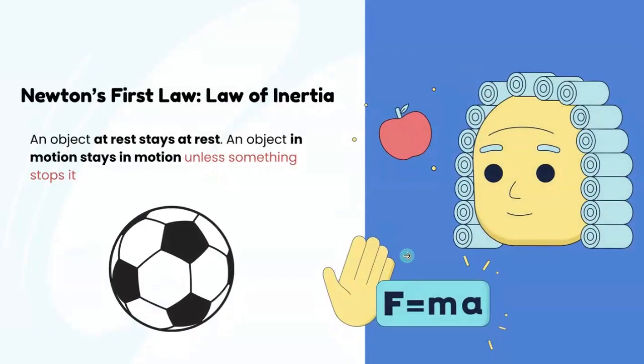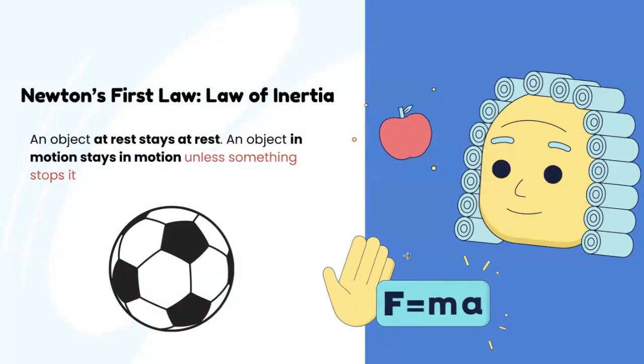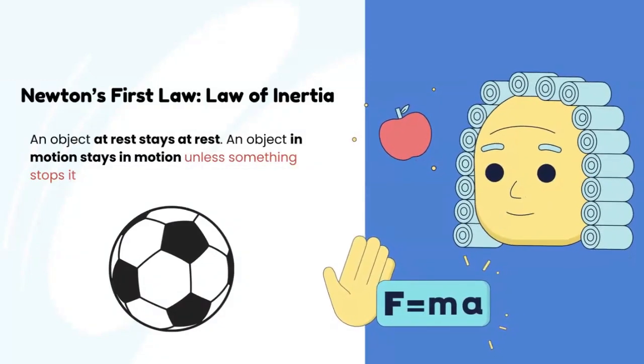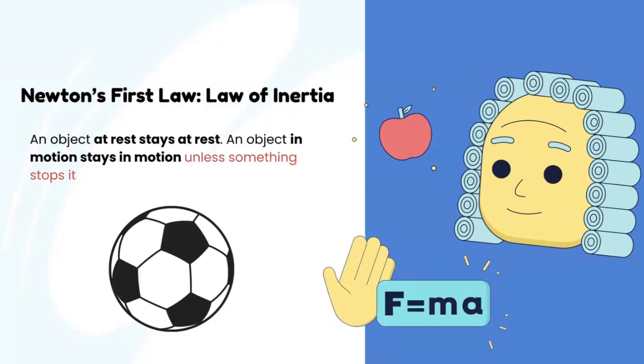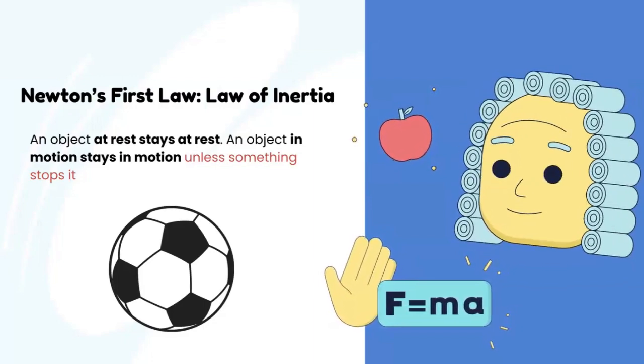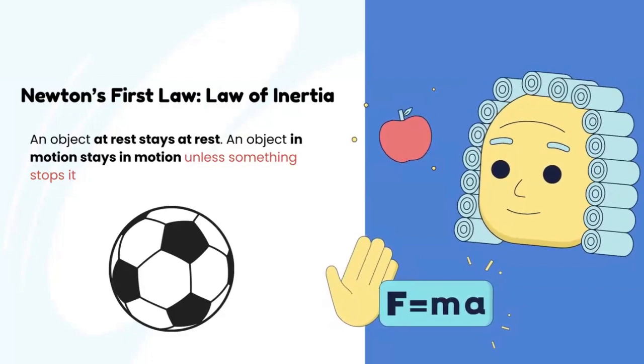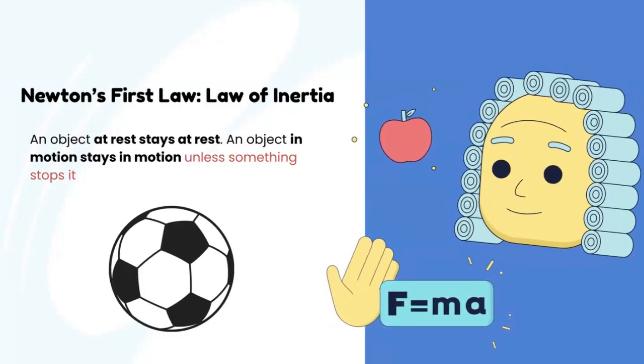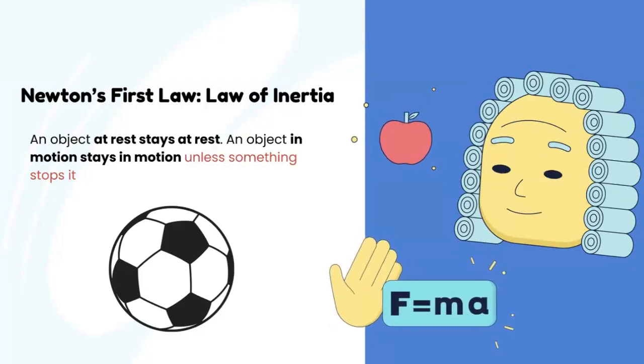Newton's first law is called the law of inertia, and it states that an object at rest stays at rest, and an object in motion stays in motion unless an outside force acts upon it. A good example of that is a soccer ball. You have a soccer ball sitting on an empty field, right?